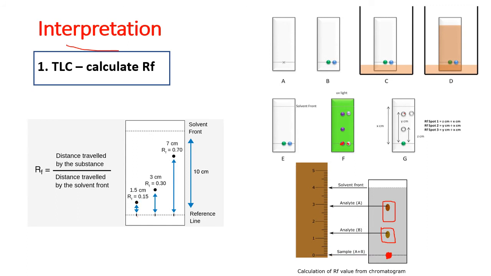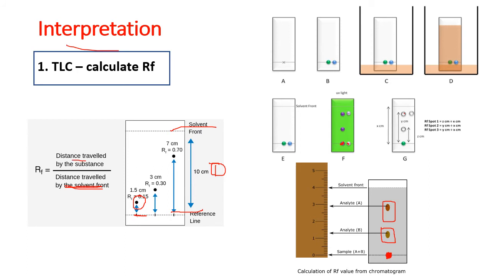So let's sum up what you will do in your RF. In your RF, number one, you have to measure the distance between the reference line and the solvent front, and this would be the distance traveled by the solvent front, and this will be common for a certain TLC. Next, you will measure the distance between the reference line and your spot.